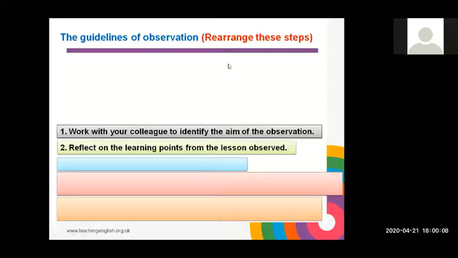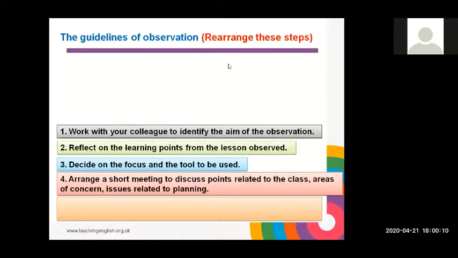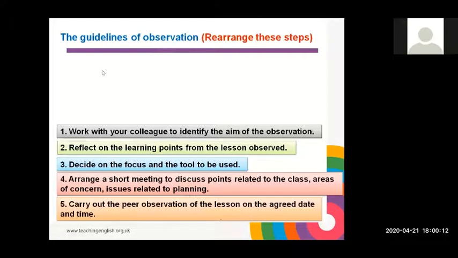Now we are going to read 5 sentences, and we are going to rearrange these sentences in order as a kind of observation. If I wanted to observe a lesson for my colleague, what should I do first? You have a minute to read the 5 sentences, then we are going to discuss it first.